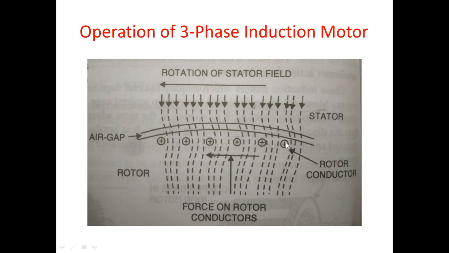Since the rotor circuit is a completely closed circuit, or a permanently short-circuited winding, the induced EMF in the rotor conductors causes current to flow through the entire rotor winding. Now these conductors are carrying current, whereas the magnetic field is continuously rotating.